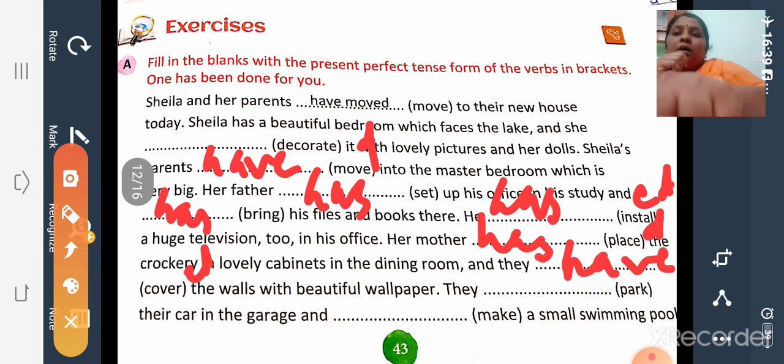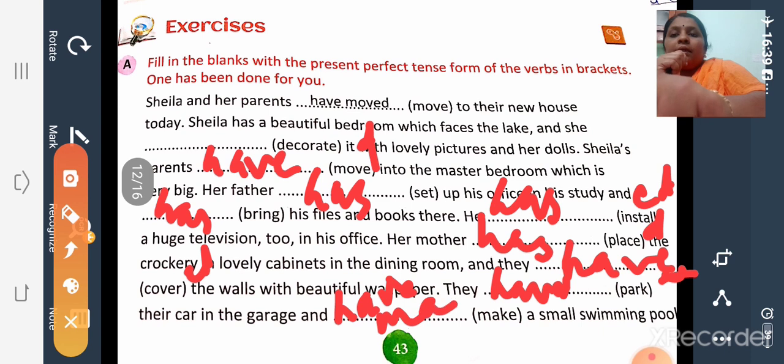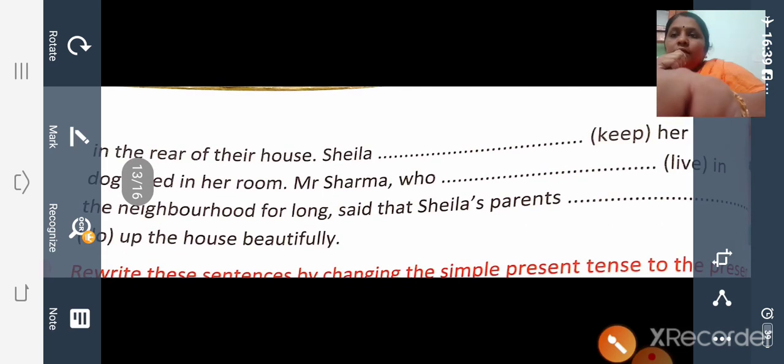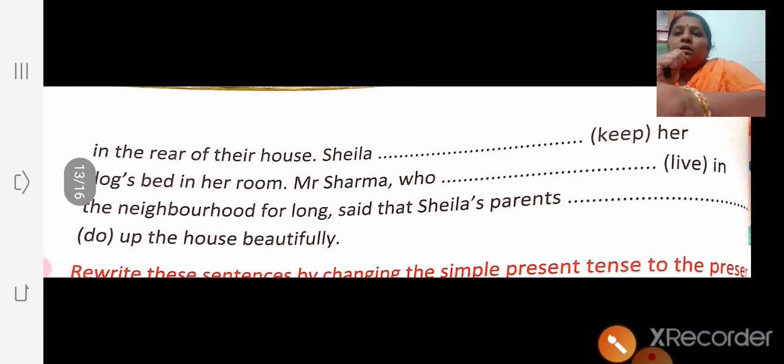they വരുമ്പോൾ have ആണ്. They have parked their car in the garage and made and have made a small swimming pool. Okay, then two more, then Sheila.